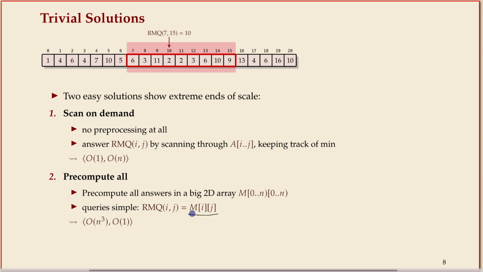If I do it really stupidly, I could say for i from 0 to n, and then for j from, I guess it can't start before i.